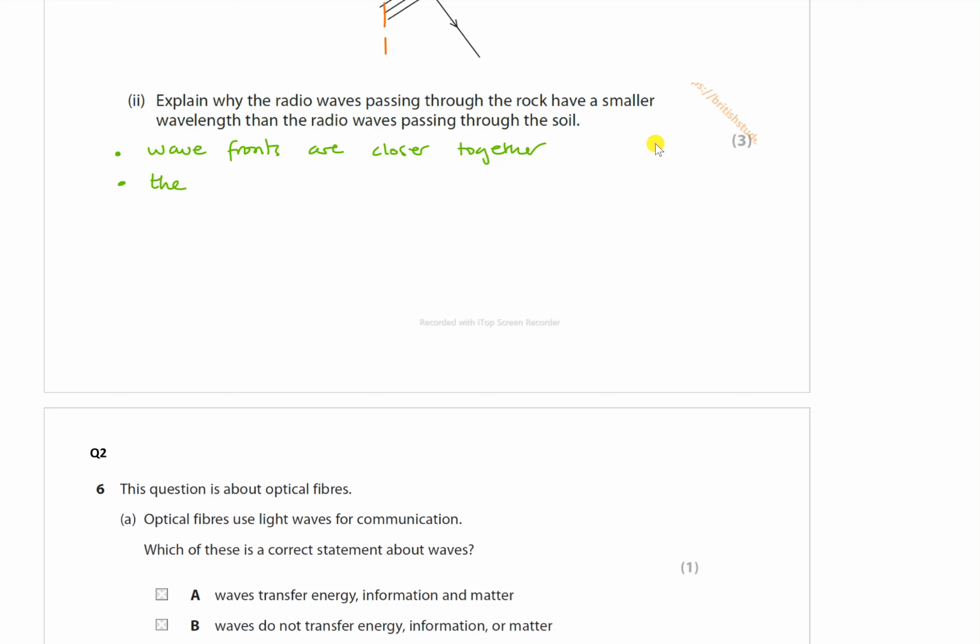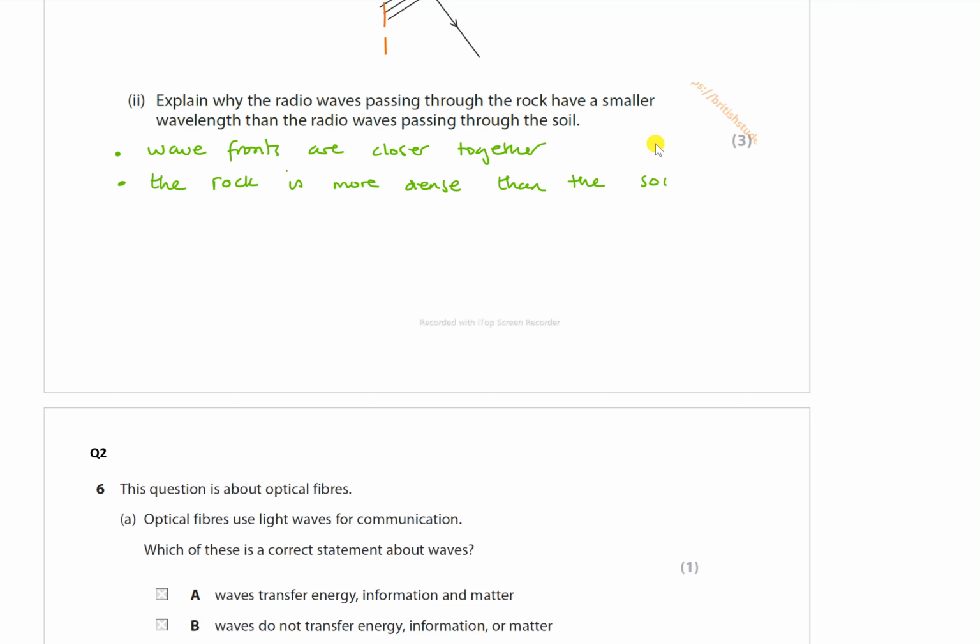The rock is more dense, optically more dense than the soil.